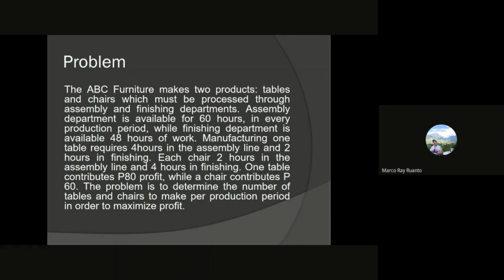So that will be our problem. We need to produce a certain number of tables and chairs that would maximize our profit. That will be our main goal for this problem.